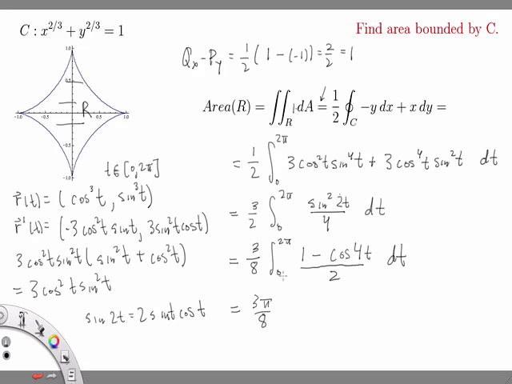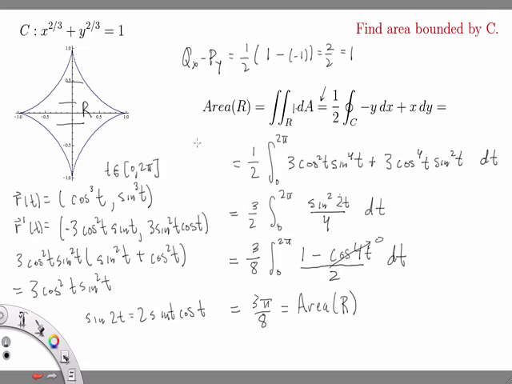Well, because this is a multiple of the period of this function, in the end this term will just contribute essentially 0 to this integral. So in the end, I'm left with this 3 pi over 8. And so we've calculated the area that's bounded by the curve C, this star-shaped curve, x to the 2/3 plus y to the 2/3 equals 1, is equal to 3 pi over 8.